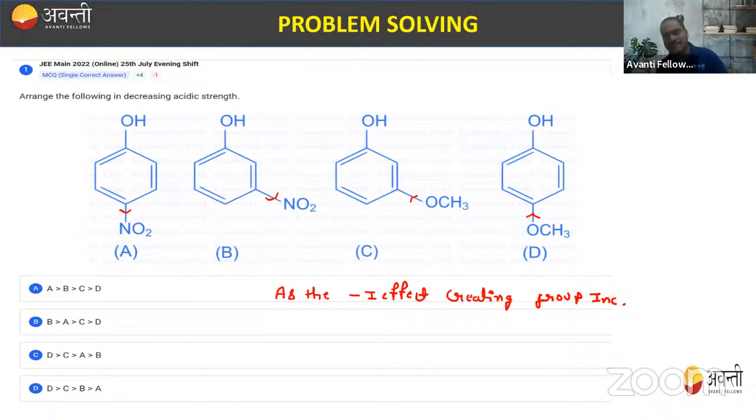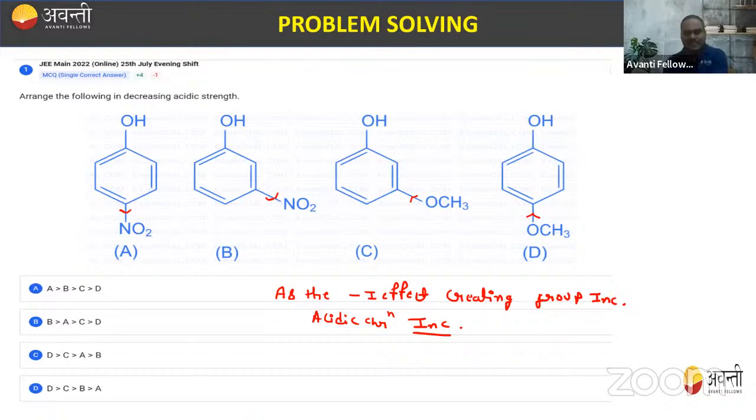As the minus I effect creating group increases, acidic character increases. Acidic character क्या होगा? Increase होगा, right? Acidic character increases.